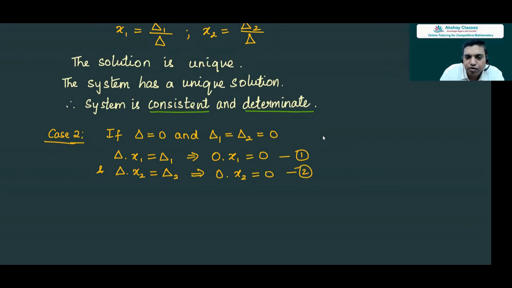So this is our equation 1, and this is our equation 2 now. What are the values of x1 that will satisfy the first equation? There are infinite possibilities. Isn't it? Any real value of x1, 0 into x1 will give you 0. All the real values of x2 will satisfy this.